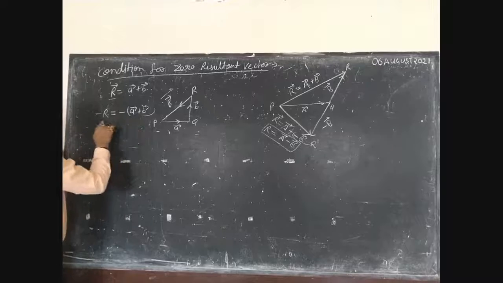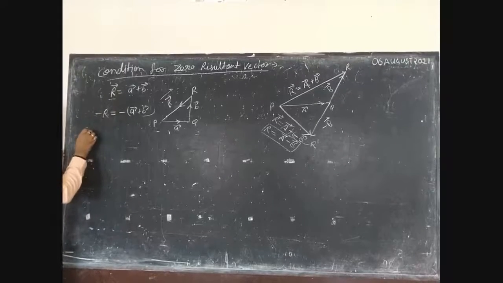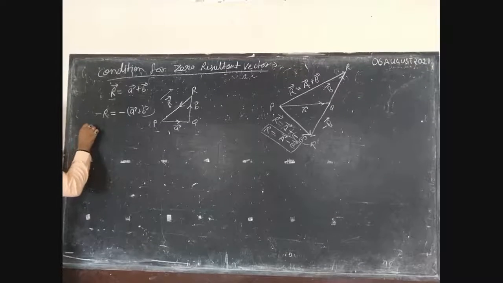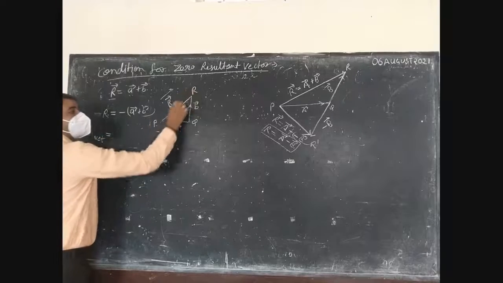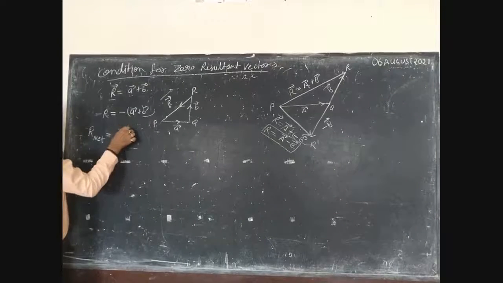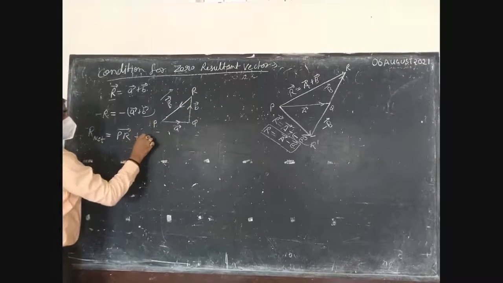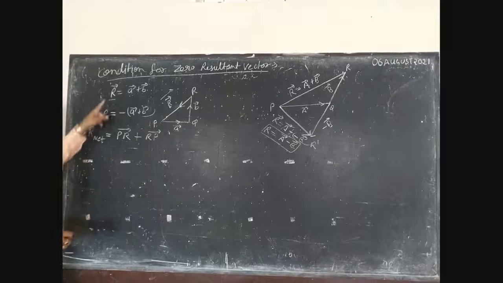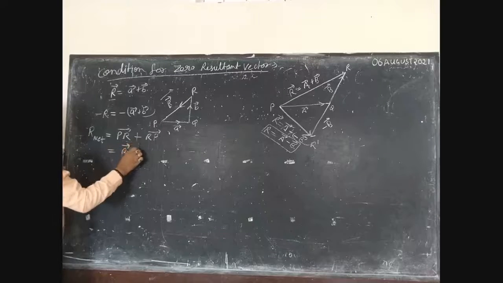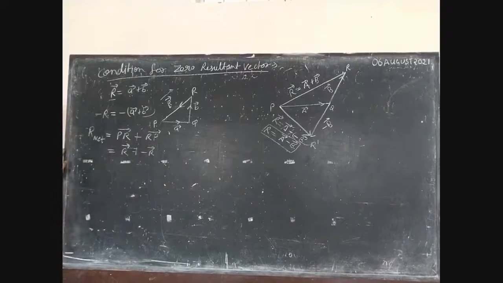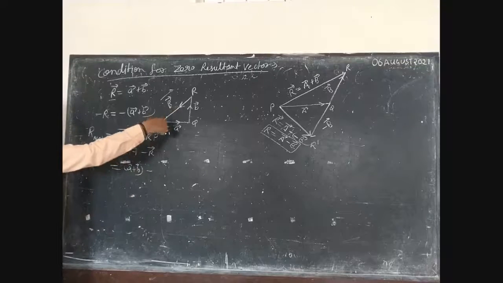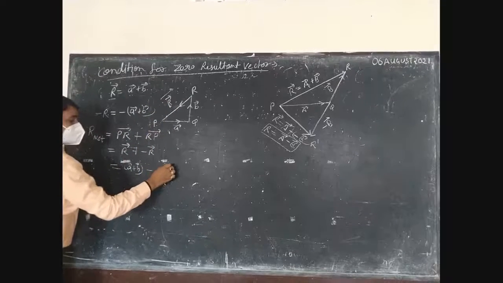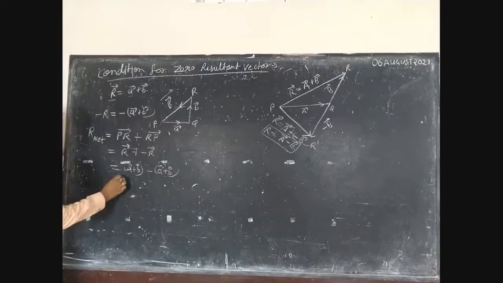Then when we join the two, the net resultant vector is from P to R, and then from R to P. We have the two values, vector R and minus vector R. We get vector A plus B as per the triangle law, and by using the same order, minus vector A plus minus B. This is equal to 0.